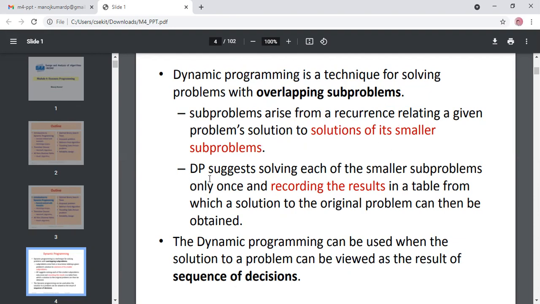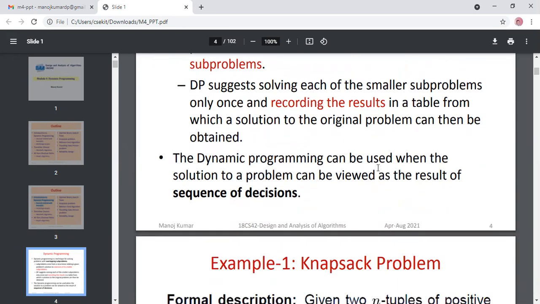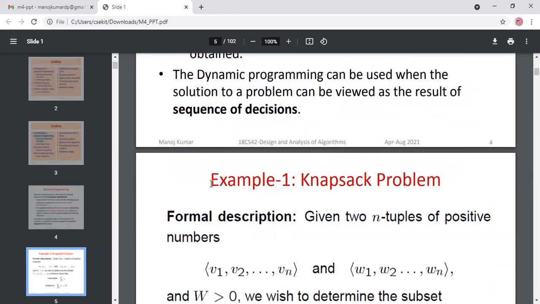Dynamic programming suggests solving each smaller subproblem only once and recording the results in a table, from which the solution to the original problem can then be obtained. Dynamic programming can be used when the solution to the problem can be viewed as the result of a sequence of decisions.